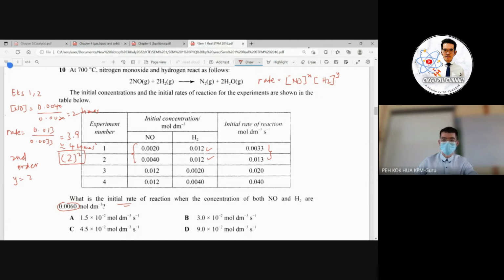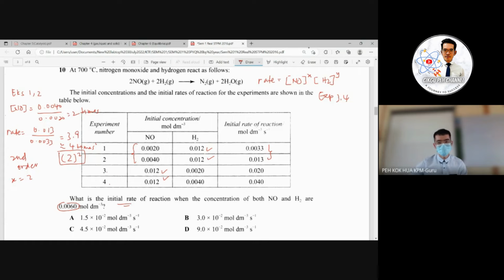And then we need to identify y. Next, we compare experiments 3 and 4, where the concentration of NO is the same.